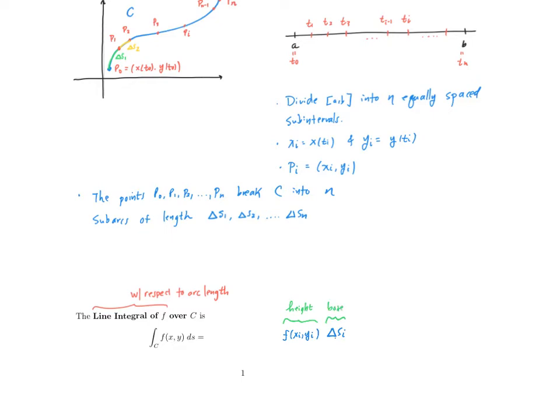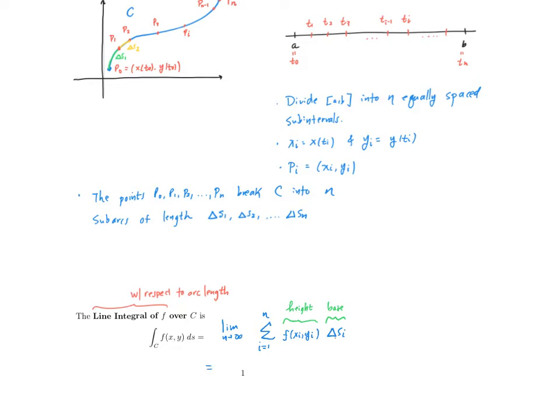Now, working backwards, this is approximating over one little piece, and we have broken the curve up into n little pieces, so we add these quantities up. And what we've seen in the past is that this is something we would call a Riemann sum, and if we were to take the limit as n goes to infinity of our Riemann sum, we turn this into a definite integral.